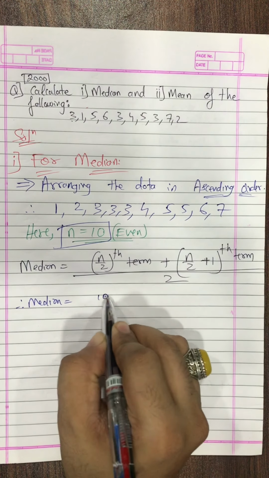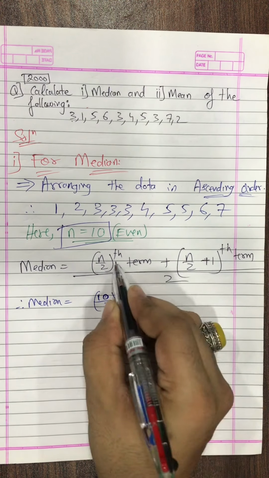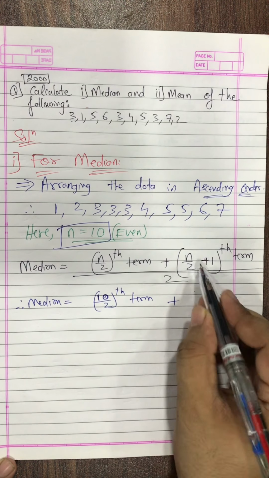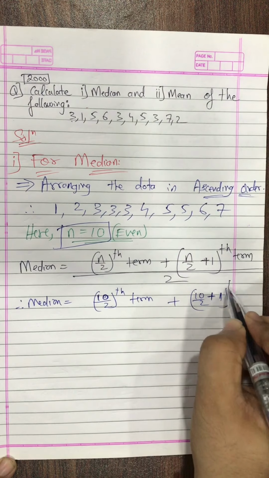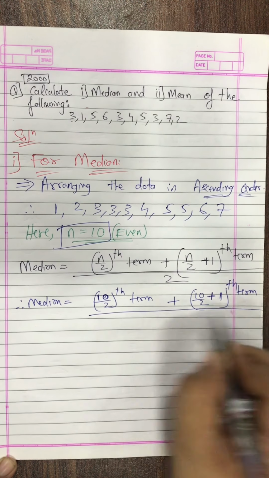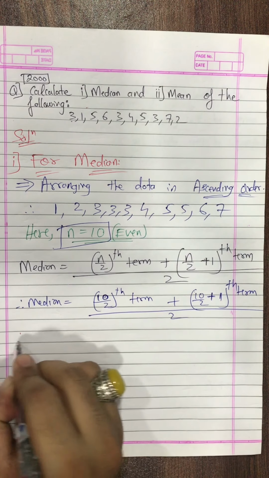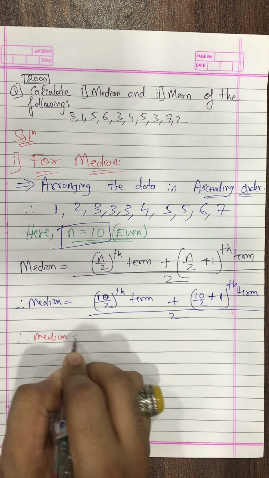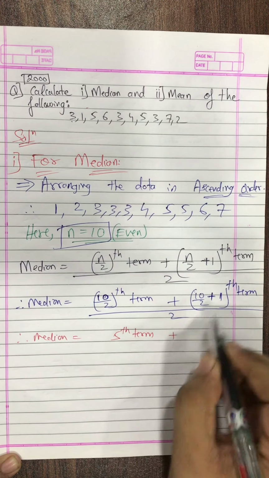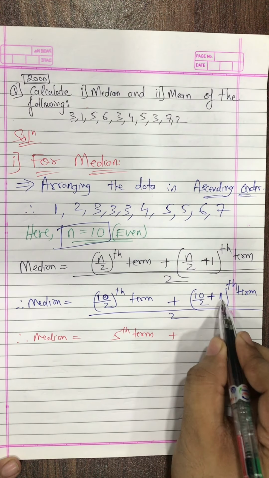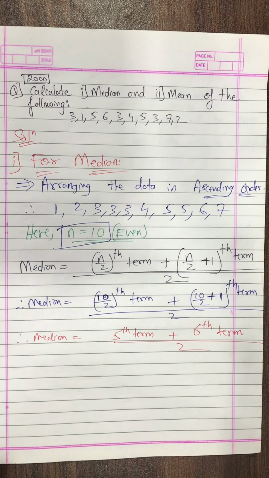So 10 upon 2th term, plus 10 upon 2 plus 1th term, the whole upon 2. Therefore median is equal to 10 upon 2, which will be the 5th term, plus 10 upon 2 is 5, and 5 plus 1 will be 6, so the 6th term, the whole upon 2.